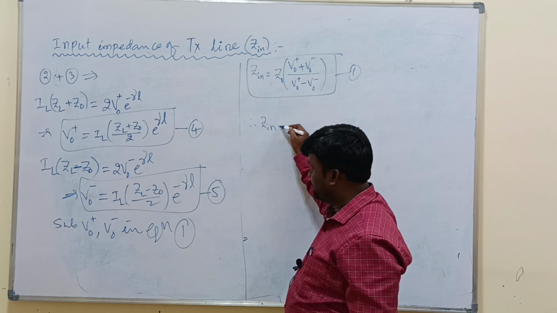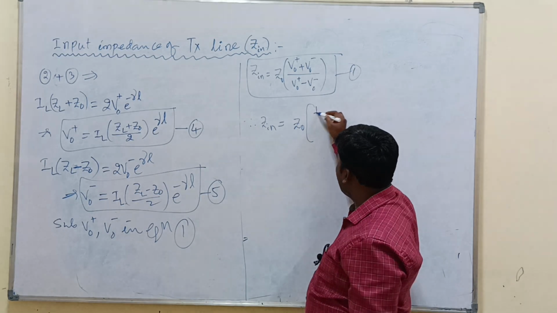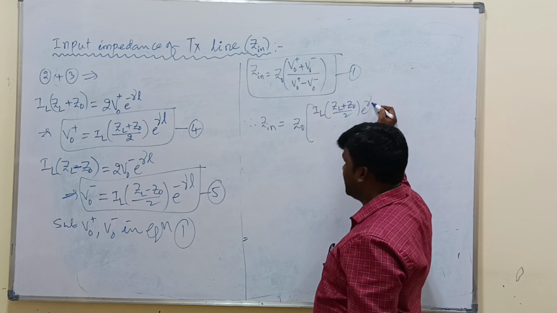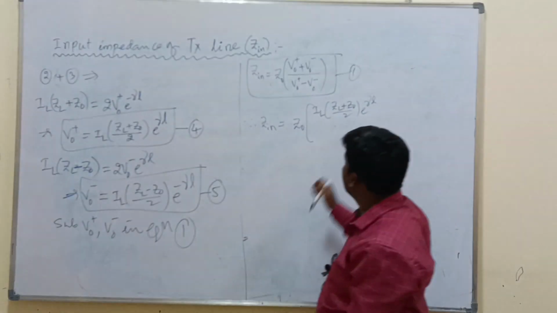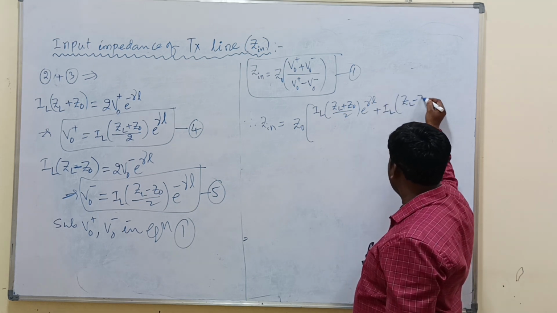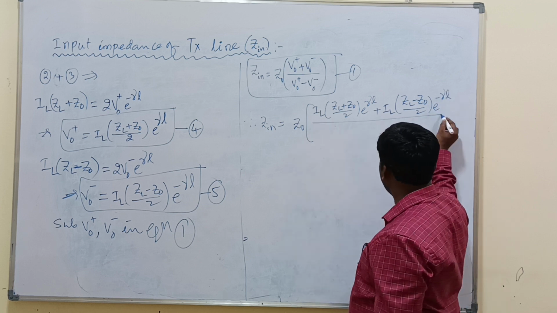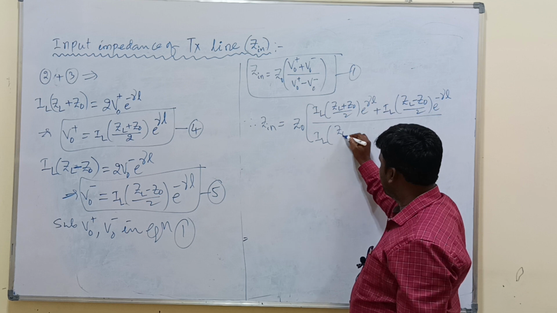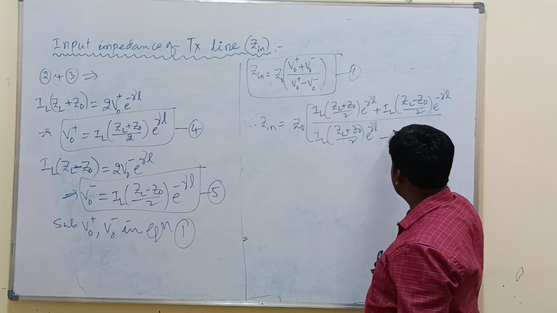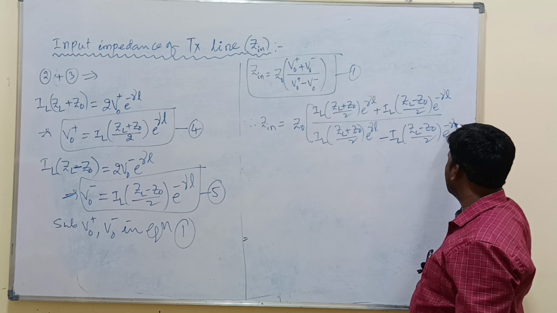Therefore ZIN equal to Z naught into, what is V naught plus, IL into ZL plus Z naught by 2 e to the power gamma L, that is V naught plus, V naught minus, that is IL into ZL minus Z naught by 2 e to the power minus gamma L, that is V naught minus, divided by IL into ZL plus Z naught by 2 e to the power gamma L minus IL into ZL minus Z naught by 2 e to the power minus gamma L.